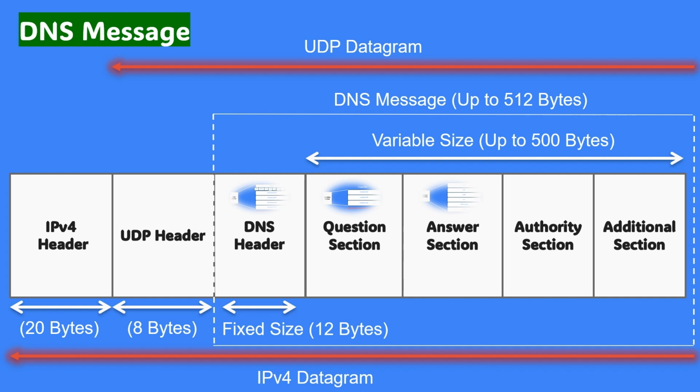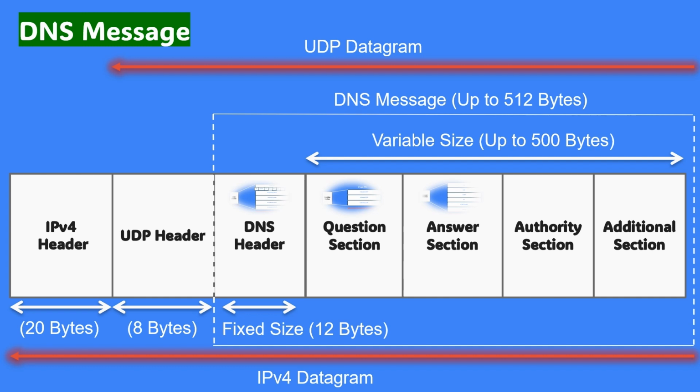So once our message size exceeds, the process is that DNS is going to switch from UDP to TCP. Further, we have the IPv4 header, which is 20 bytes, and this all entirely makes up the IPv4 datagram. Up to the UDP header, it forms the UDP datagram.